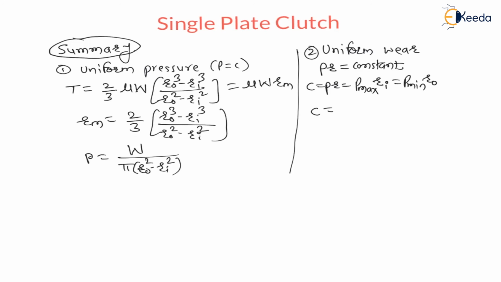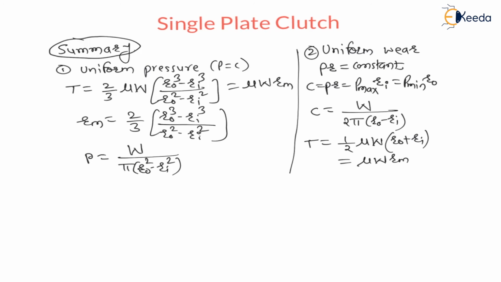This constant is calculated as W divided by 2 pi (Ro minus Ri), where W is the normal load acting on the plate. And torque transmitted is 1/2 mu W (Ro plus Ri), and if I equate with mu W Rm, then we get mean radius of friction as per uniform wear theory as (Ro plus Ri) divided by 2.